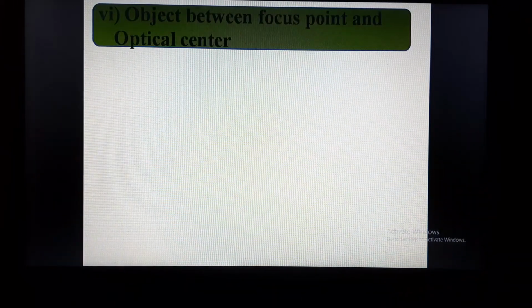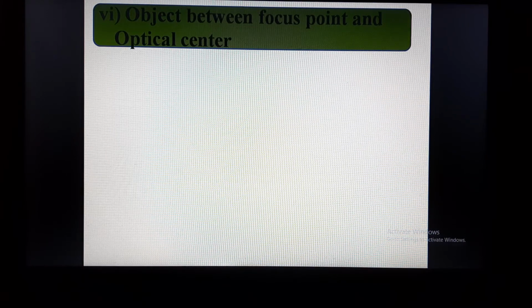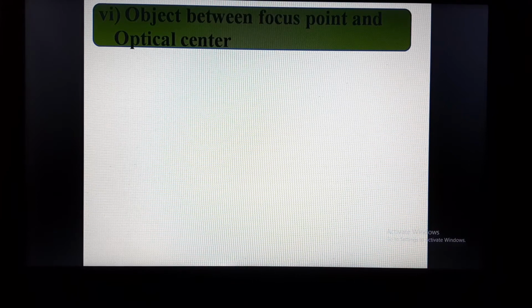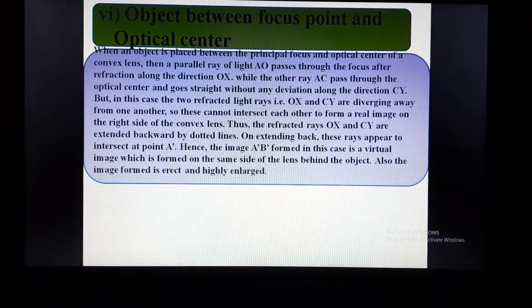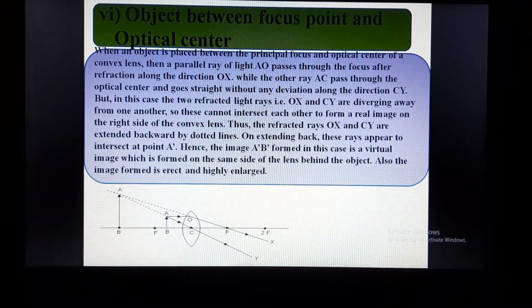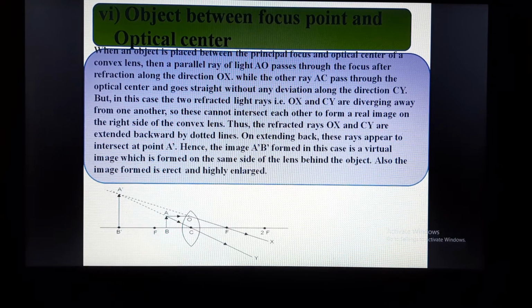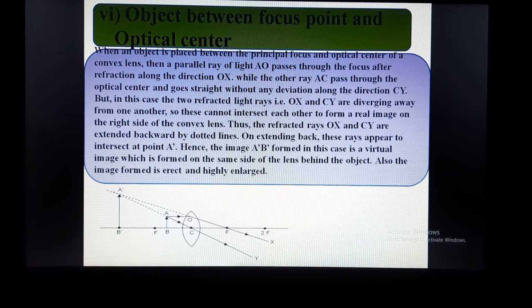So our next topic is when the object is placed between focus point and optical center. This is our ray diagram for this position of the object. Here AB is our object, which is placed between focus point and optical center.